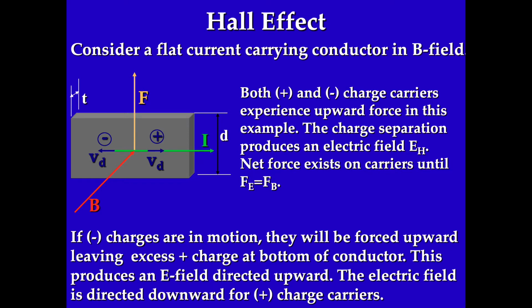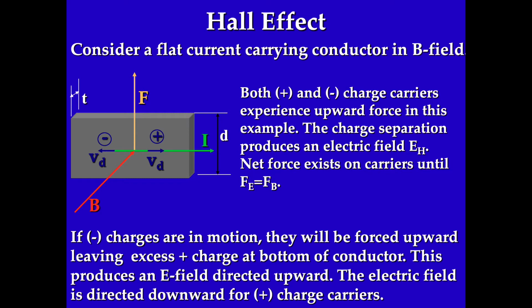Which means if you have positive charge carriers, they're moving to the right. If you have negative charge carriers, that means they move to the left. Current is still to the right. We have a magnetic field that's directed into the plane of the screen. So that's going to cause a force on the charge carriers.